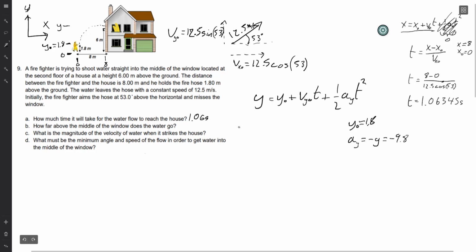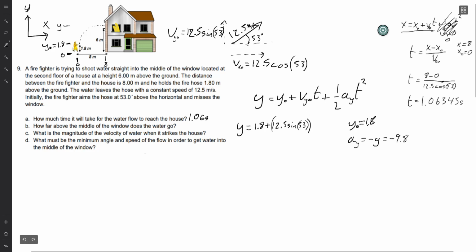So that ends up becoming y equals 1.8 plus 12.5 times the sine of 53, all of that in parentheses, times the time. I'm not going to have enough room here.